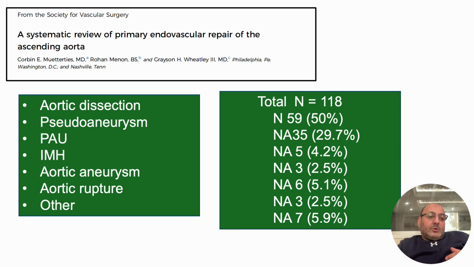But with the Gore single-branch device, it gives you a lot of flexibility in an experienced center or with an experienced operator, so that you can even do a nice ascending graft with an innominate branch to save someone's life. It's doable if you have the experience, the team, and so forth.